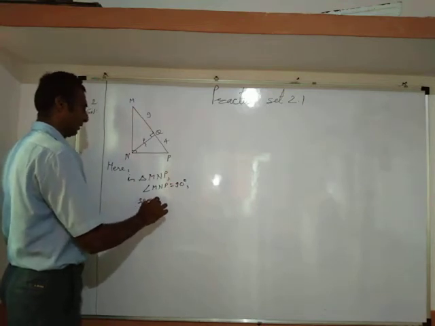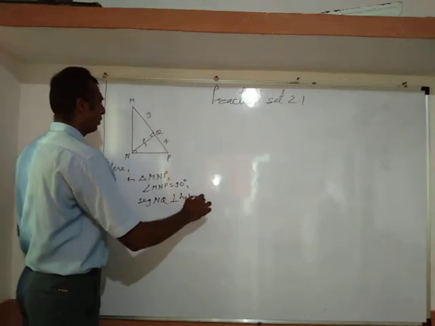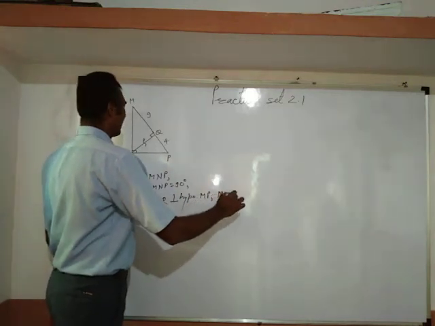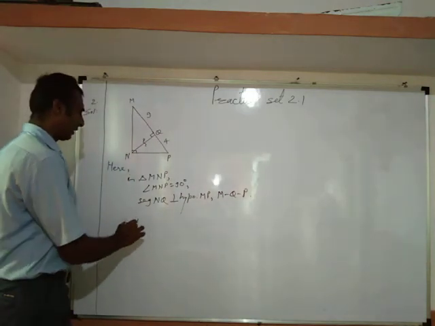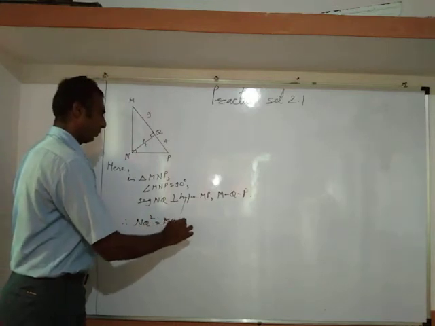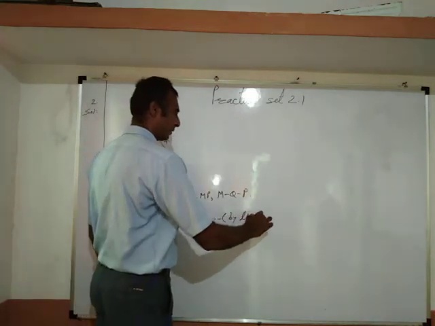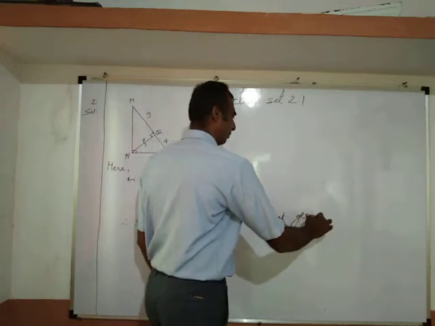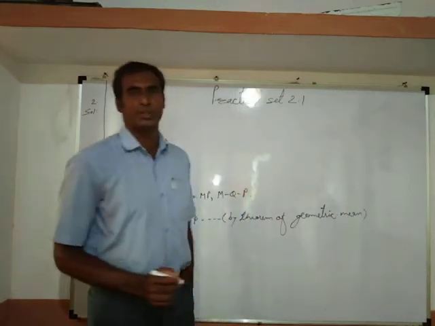Seg NQ is perpendicular to hypotenuse MP such that M-Q-P, and therefore directly we may write NQ square equals MQ into QP by the theorem of geometric mean.